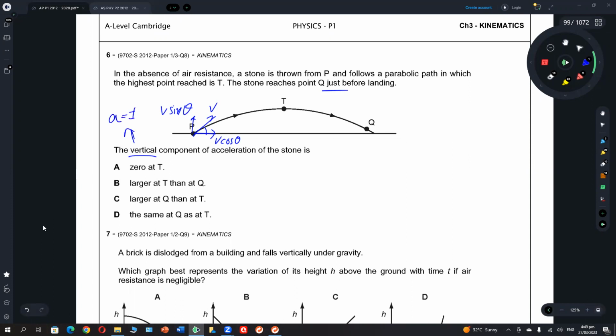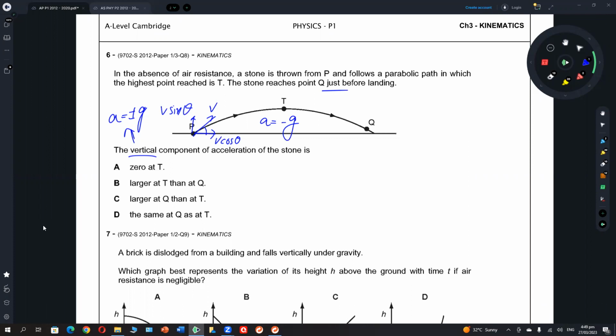free fall acceleration. In projectile, air resistance is not considered, as he says in the question. So I'm taking A is equal to plus or minus G. Can you recall for me, in a full journey, is acceleration the same or does it change? The value is the same. And a very tricky question: is acceleration minus G for the whole journey?